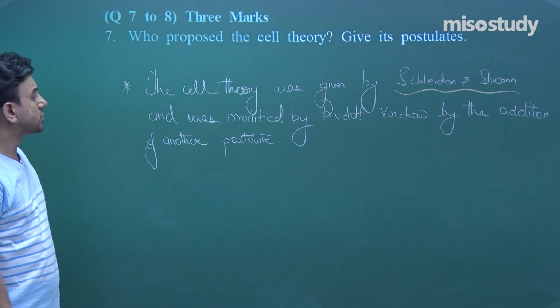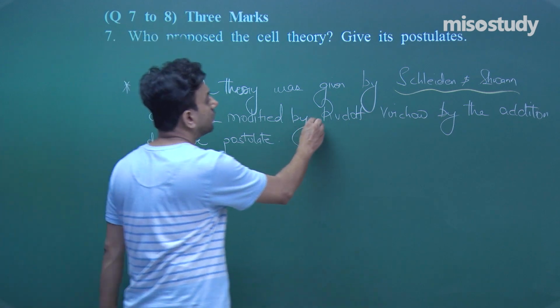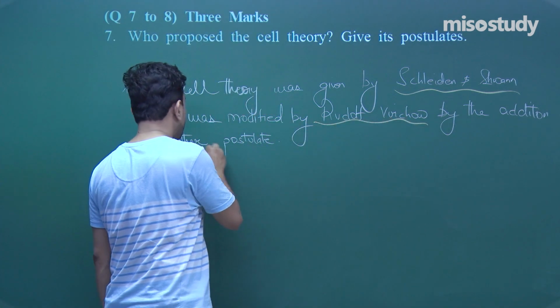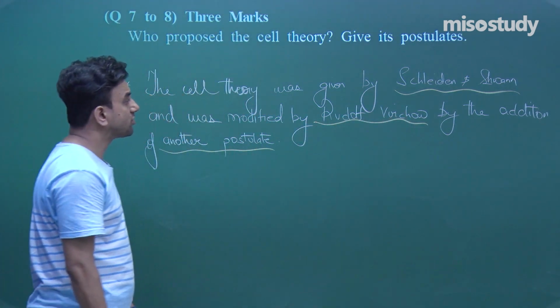The cell theory was given by Schleiden and Schwann and was modified by Rudolf Virchow by the addition of another postulate. So, what are the postulates of the cell theory?